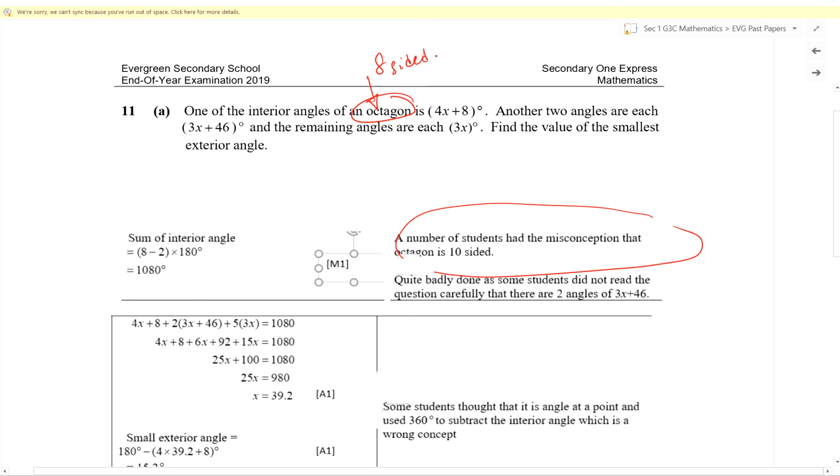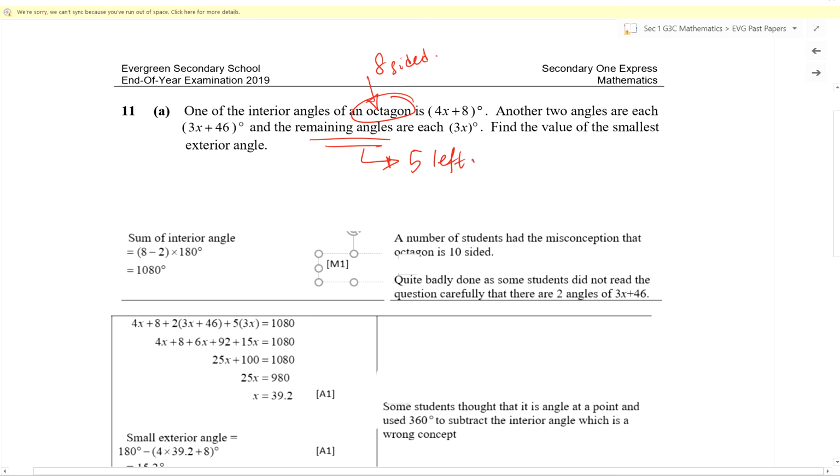So of the 8 angles, one of them is 4x plus 8. Another 2 of them are 3x plus 46. And the remaining angles, how many remaining angles are there? 5, because we got a total of 8, we used up 1, we used up 2, 5 left.